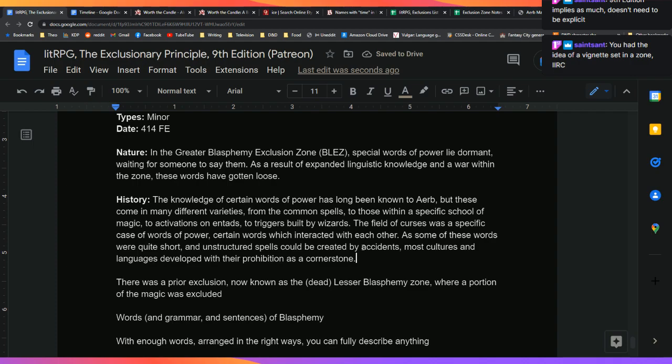Yeah, vignette set in a zone. The idea for that was to basically replace one or more of these entries with a short story, because I like short stories. Short stories are almost impossible to sell. I try not to care about the money stuff too much, but I wrote a novella, Contrado, that I was very happy with, and I feel like people just will not read that stuff.